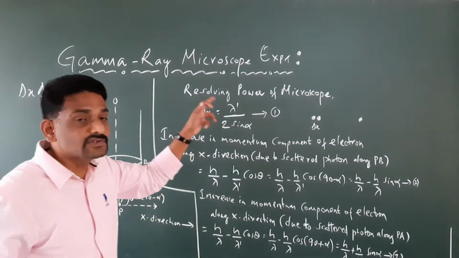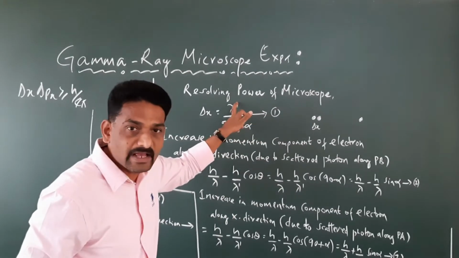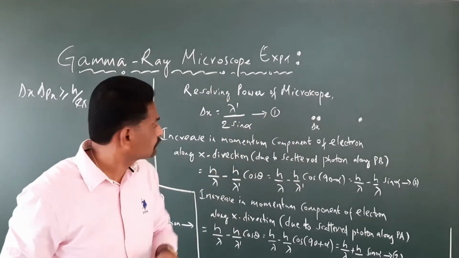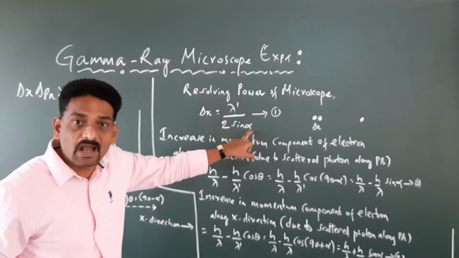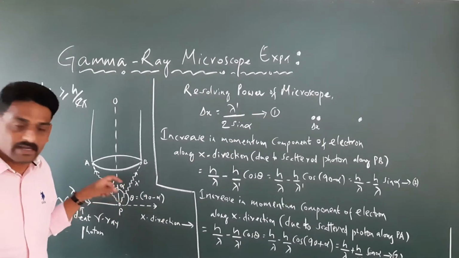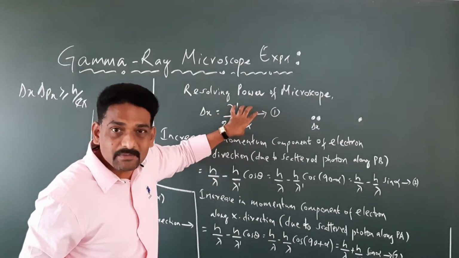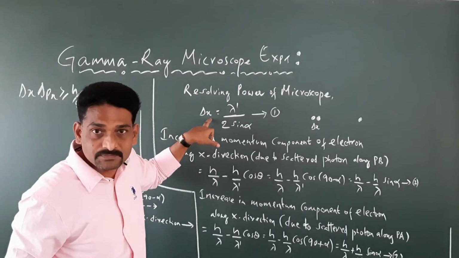So this angle becomes what is known as alpha. The so-called resolving power of the microscope depends upon two parameters: one is lambda dash, the wavelength of the scattered photon, and the other is alpha, the semi-vertical angle. Resolving power depends upon this, and we indicate it by delta x.